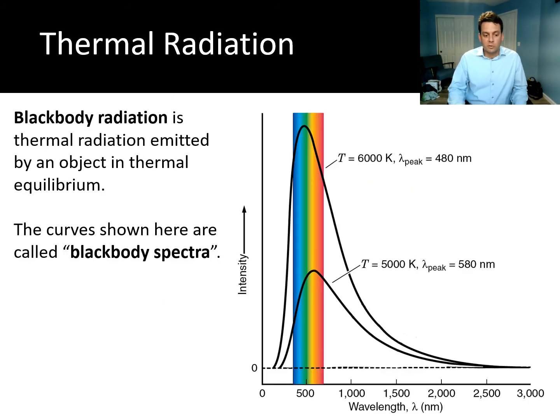I've used this term blackbody radiation a couple of times, and essentially it just means an object which is radiating thermal radiation in thermal equilibrium. Which again means the temperature is constant; it's radiating energy, but it's also absorbing energy or producing it through, for example, nuclear reactions at equal rates.